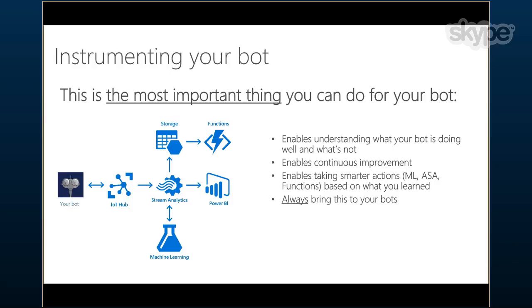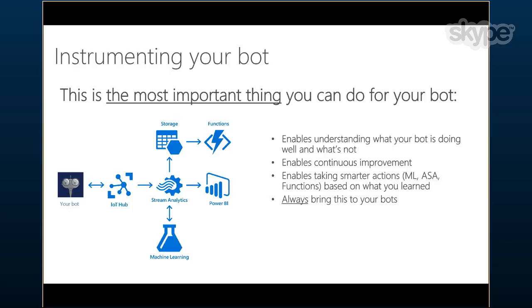So for example, if your bot is used to book travel, how many people search for travel, find travel, but don't actually book the travel? If you're a pizza ordering bot, how do you know how many people are getting to the point of ordering but not completing the order?